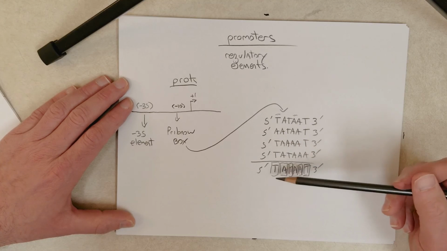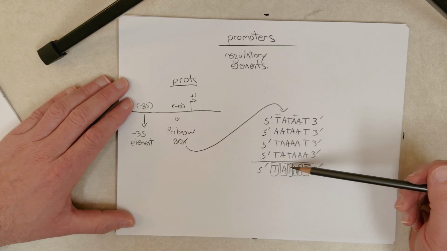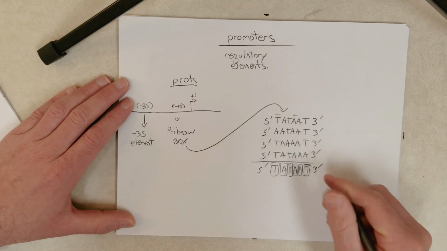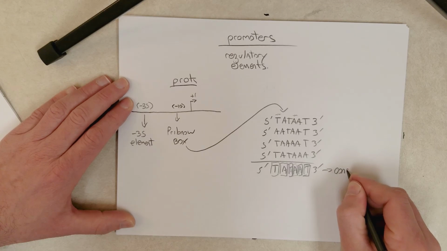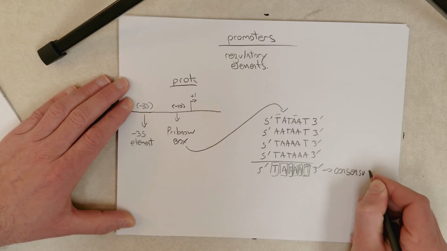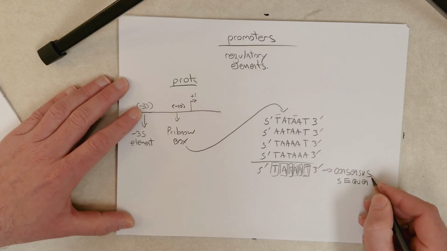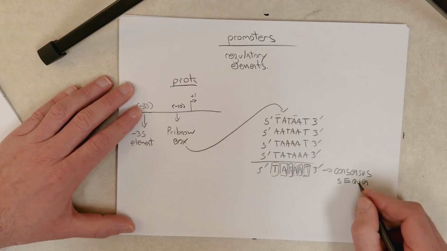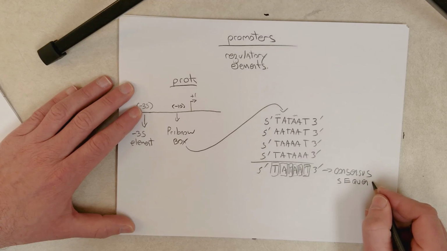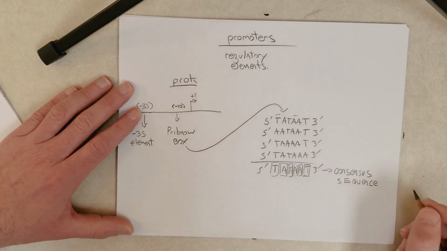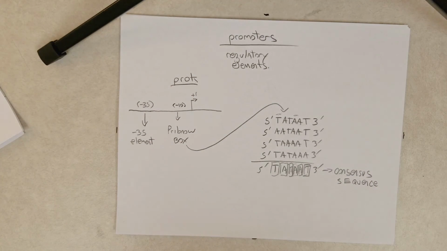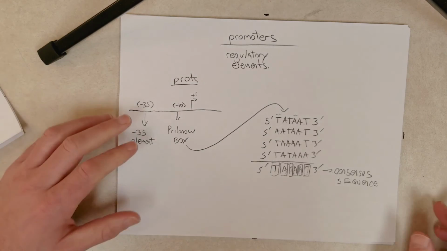It represents the most common base at each position. Consensus sequences are very common in molecular genetics, and they're important because they're used to describe the most common base at each position for related sequences.